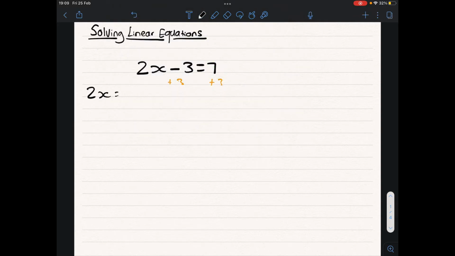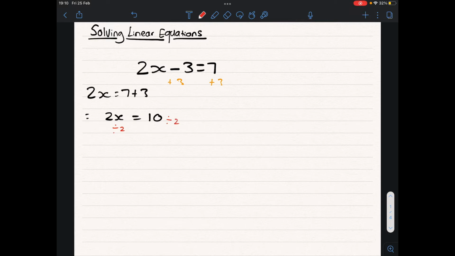2x equals 7 add 3, which equals 10. 2x equals 10. Next, we have to divide by 2. Divide by 2 and divide by 2.